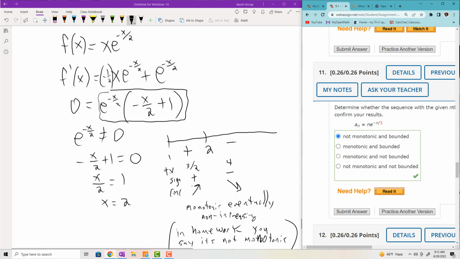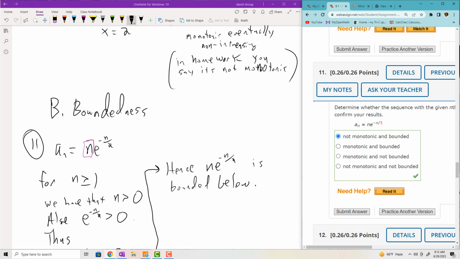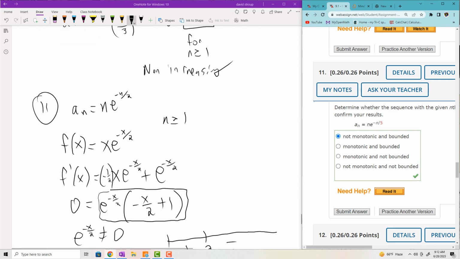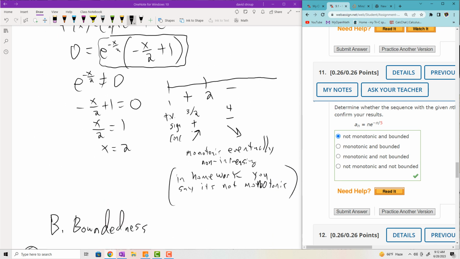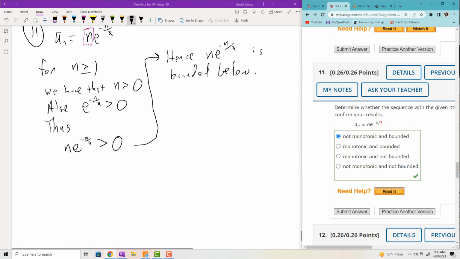Okay, for our purposes, for these types of proofs, we only need it bounded one way or the other, depending on if it's non-increasing or non-decreasing, right? It's definitely bounded below, but it's also bounded above, and we noted that above because the maximum of the function is at 2, so 2e to the negative 1.